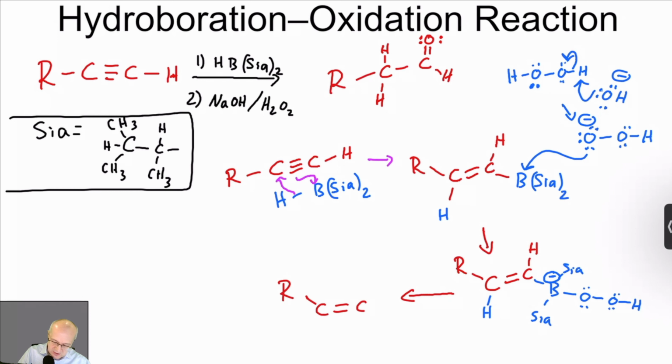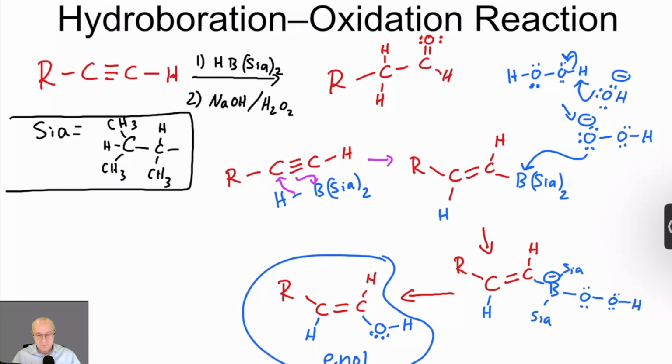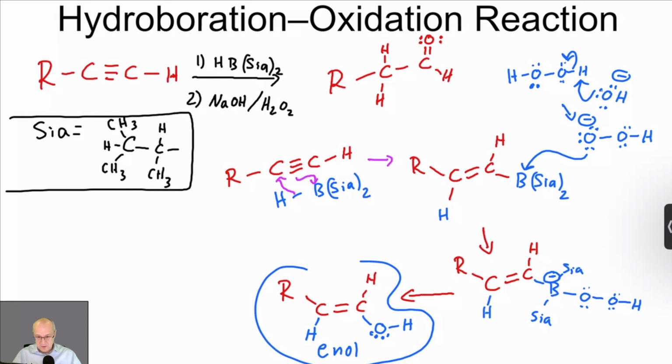But again, it's not just an alcohol. It's an enol. So that's not the product. Oops, I guess I went a little bit below the screen there, didn't I? So this is not the product. It's not. This is a tautomer of the product.